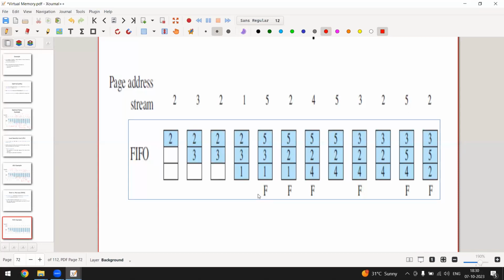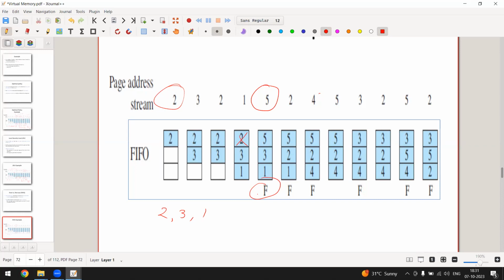When I look at 5, I have to select one replacement from 2, 3, and 1. I will see which page came first. 2 came first, so we directly take 2 and bring in 5. Like this, the policy goes on and generates different candidates for replacement.